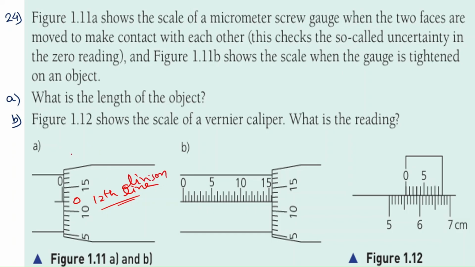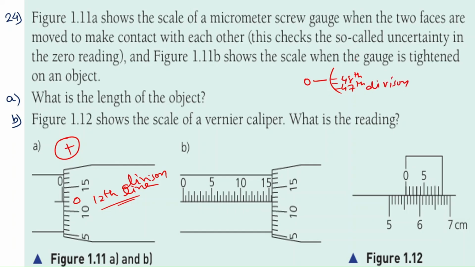So it is more than the actual value, so it must be plus. If instead it is zero here, but on the vernier scale the divisions could match with the 48th or 47th division.